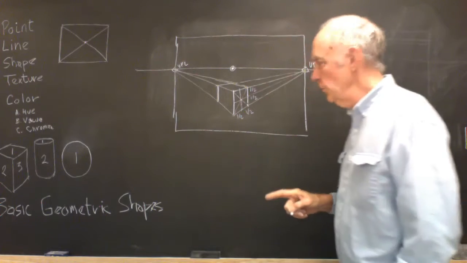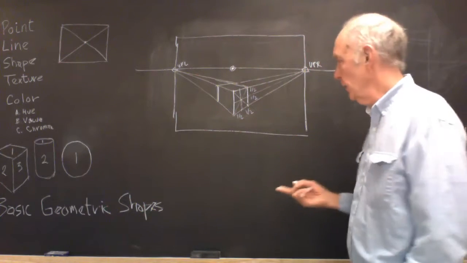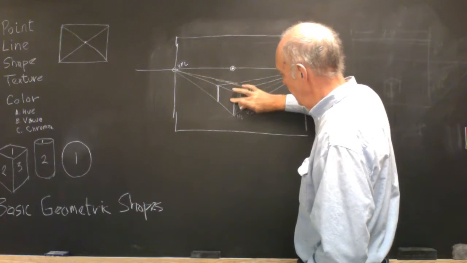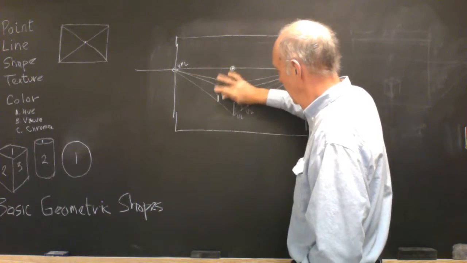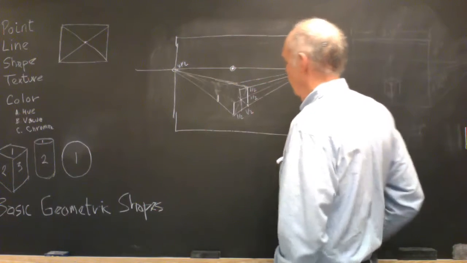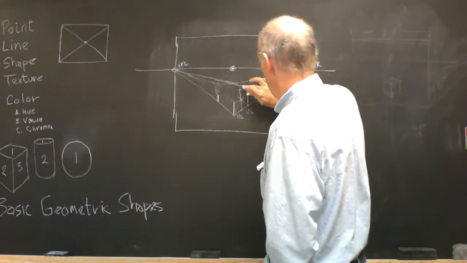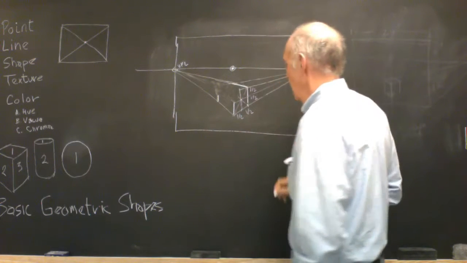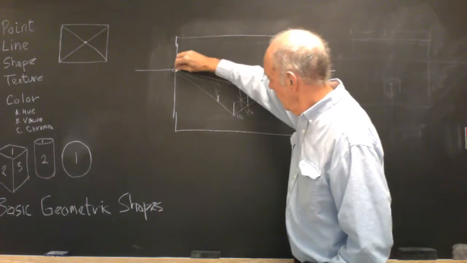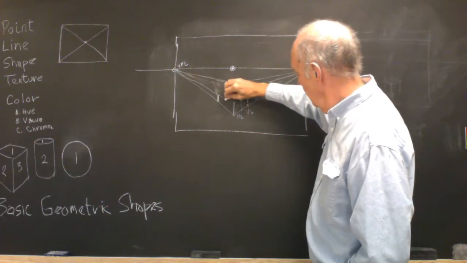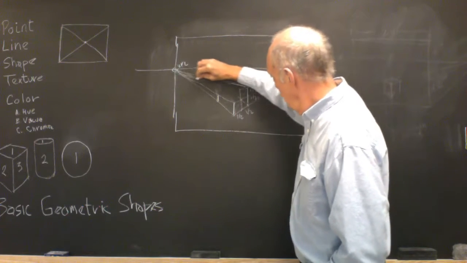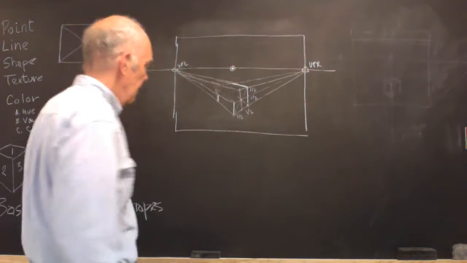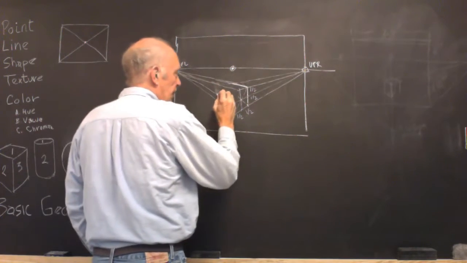Now, what I want to do is make a step. Just make a step. And I'll do that by first erasing these lines right here, and drawing construction lines to that vanishing point over there, and the construction lines to that vanishing point over there, and a construction line over here.